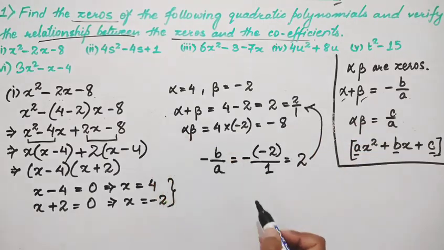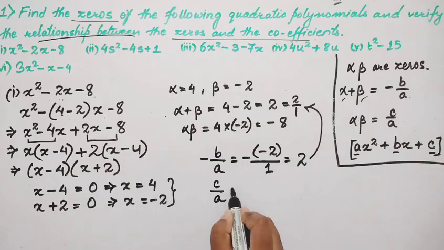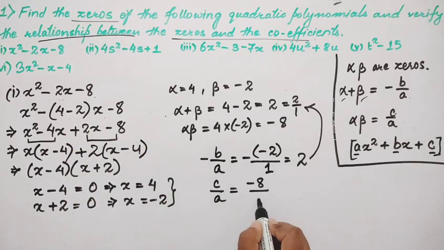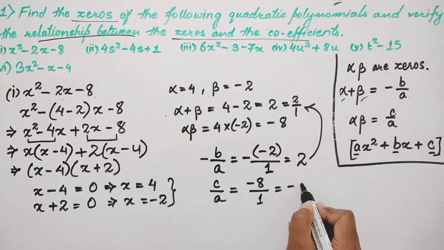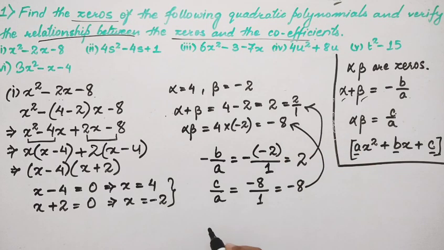So the relationship is verified. For alpha beta, it is c by a, which is again c is minus 8. So we will write minus 8 by 1, which will give us minus 8, and which is same as alpha beta. So here we have verified that alpha plus beta equals minus b by a and alpha beta equals c by a.